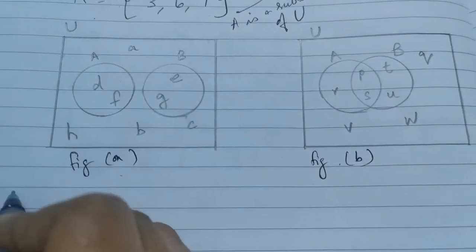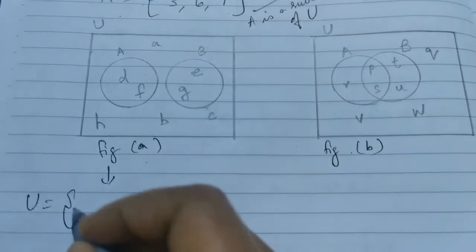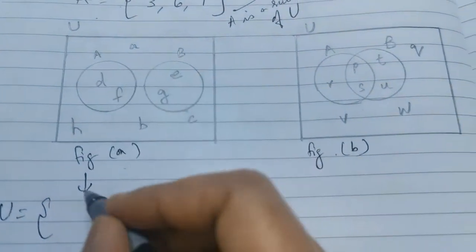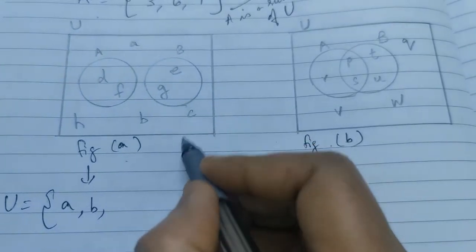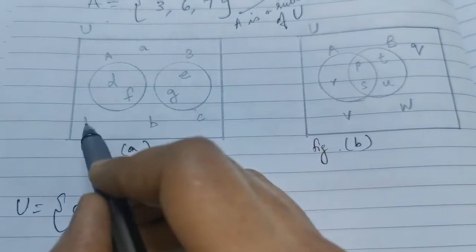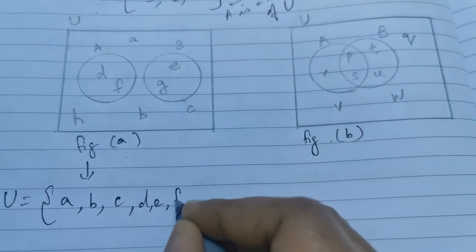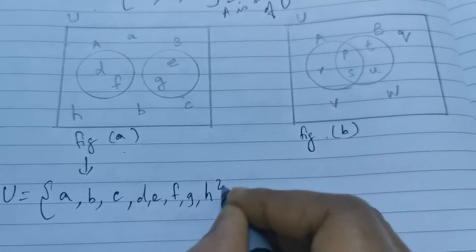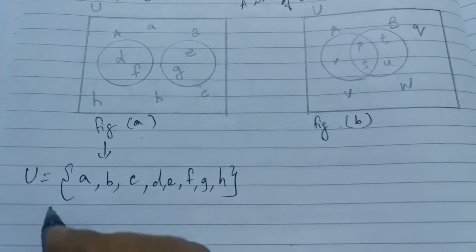Now for figure A, the universal set has the elements A, B, C, D, E, F, G and H. These are the elements of the universal set.